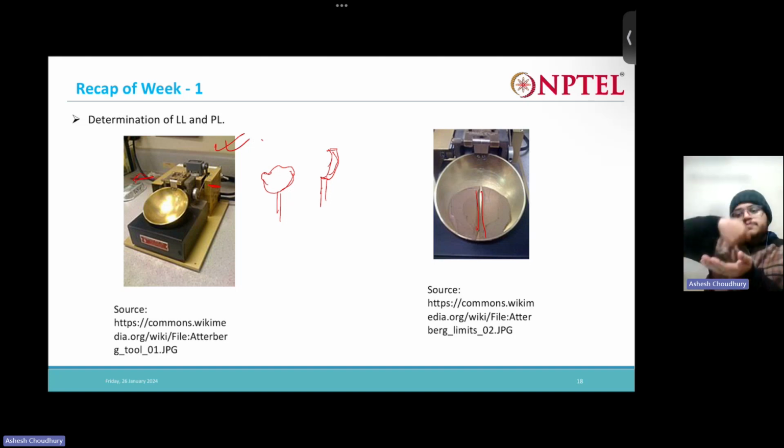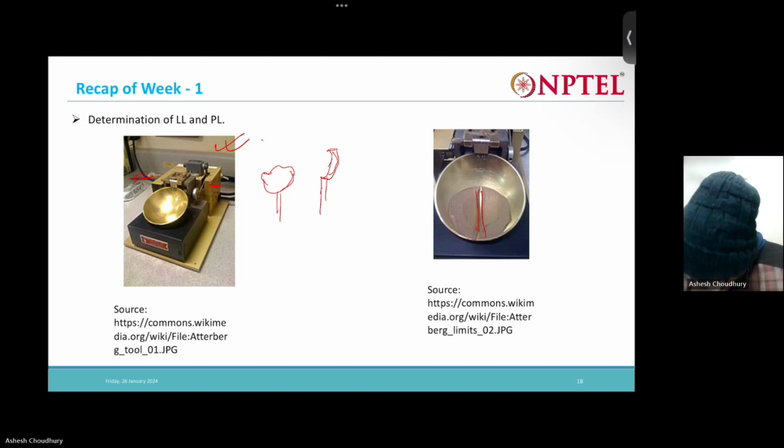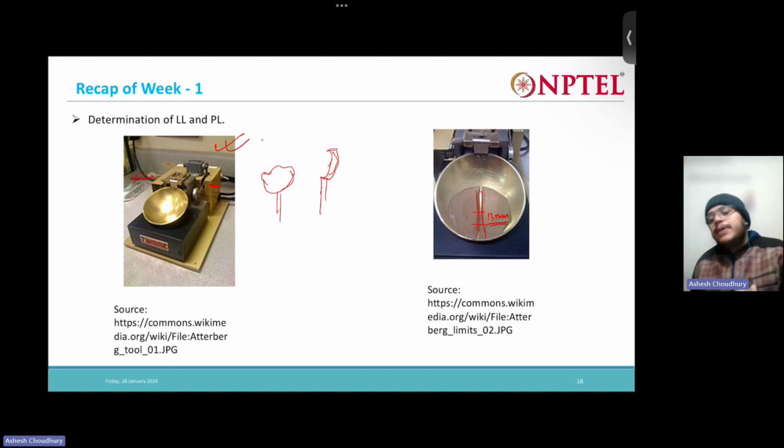So we cut a groove in the cup. After cutting the groove, we start giving the blows. How many blows are we going to give? We keep on giving the blows till the time the groove closes by 13 mm for the Casagrande apparatus.